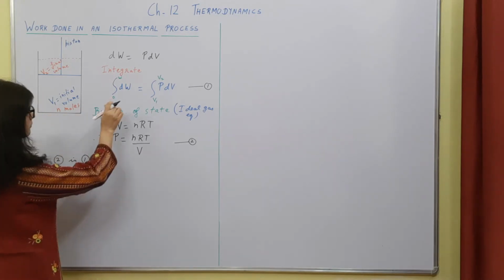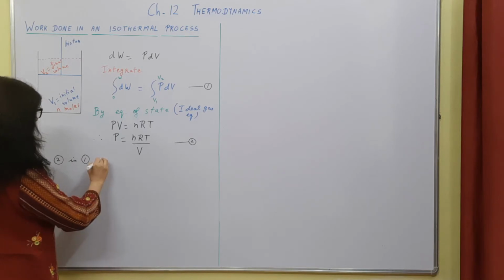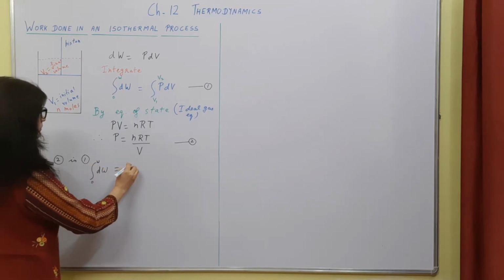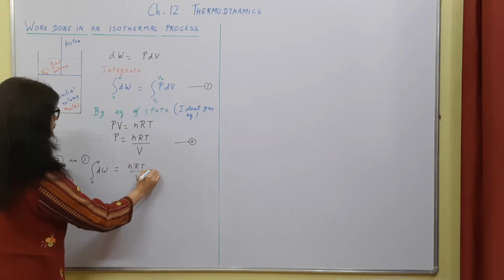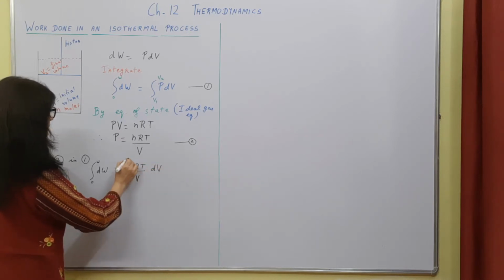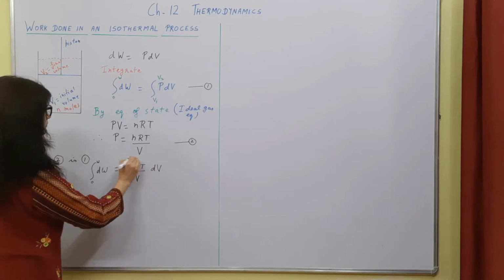This will be integral of dW from 0 to W is equal to integral of nRT upon V dV from V1 to V2.